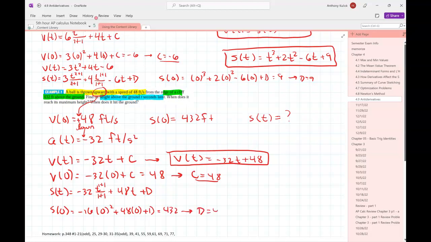Well, that just tells me d is 432. So my S of t should be negative 16t squared plus 48t plus 432. So that's the height above the ground t seconds later.